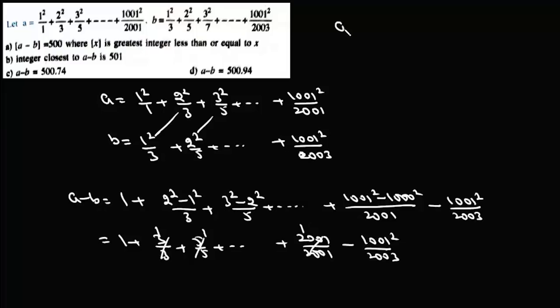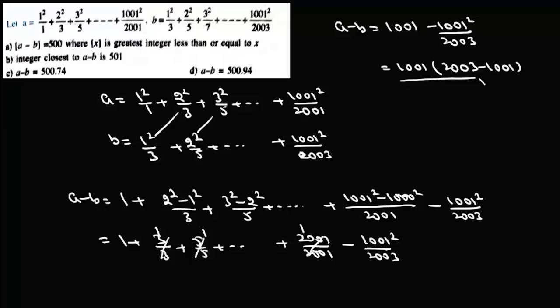So we can write A minus B as 1001 minus 1001 square upon 2003. Now we can take 1001 common, and it will be 2003 minus 1001 divided by 2003.